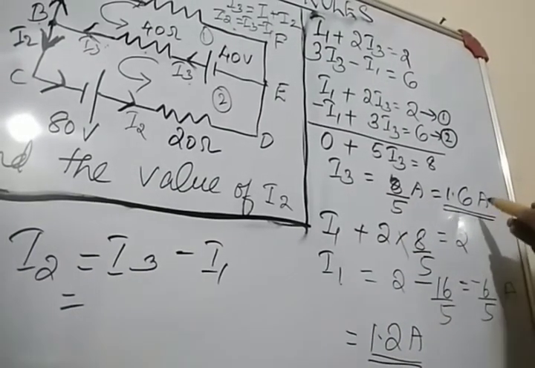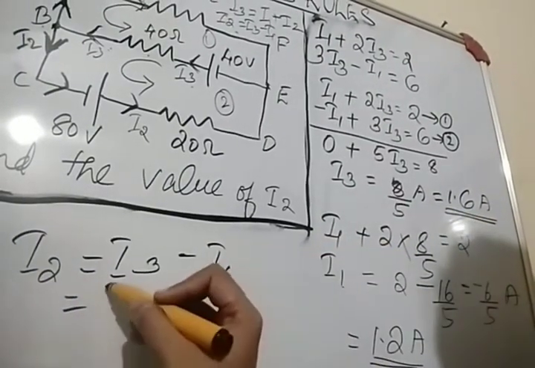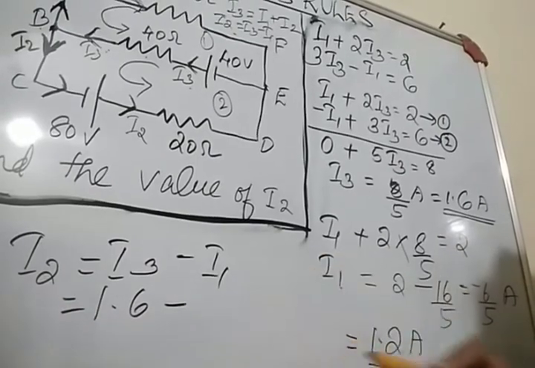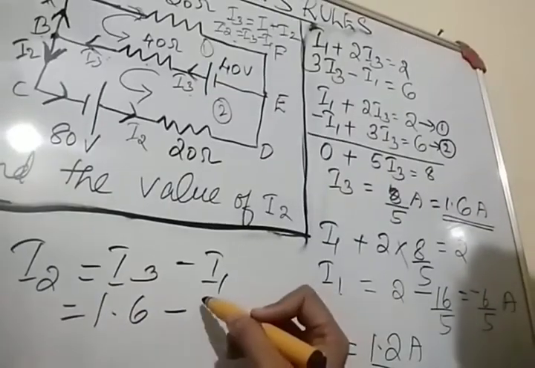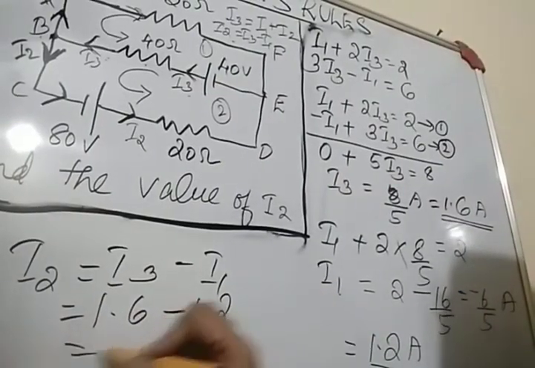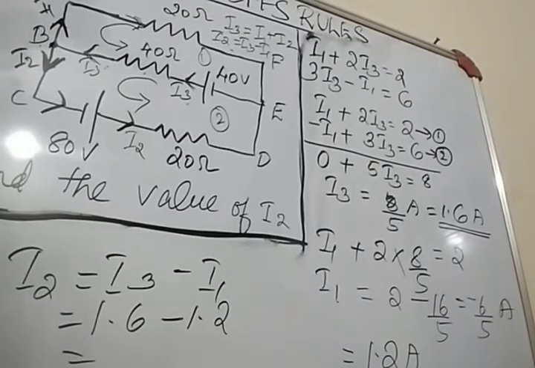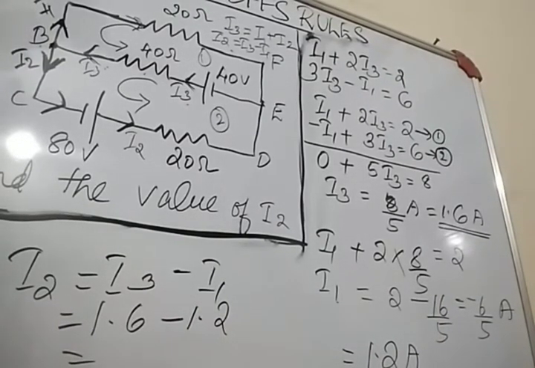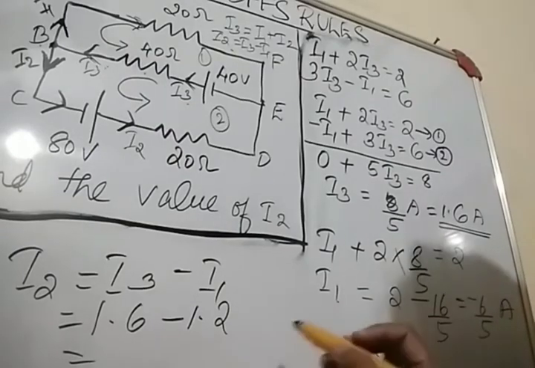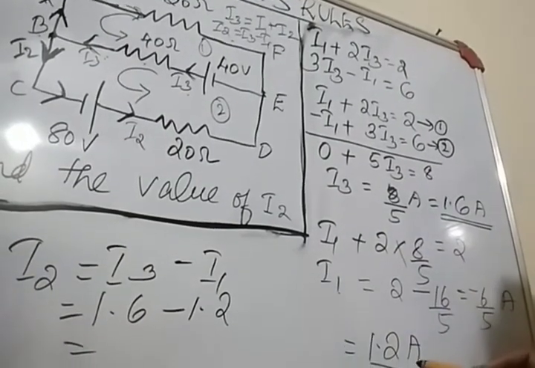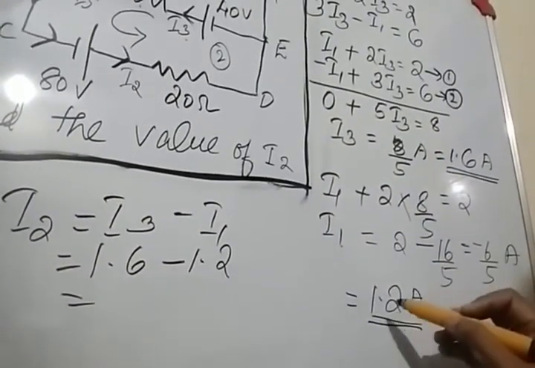And what is I3? I3 is 1.6, minus what is I1? I1 is 1.2. So you will get I2 is equal to 1.6 minus 1.2. And again there is a problem. 1.2 is a negative value.